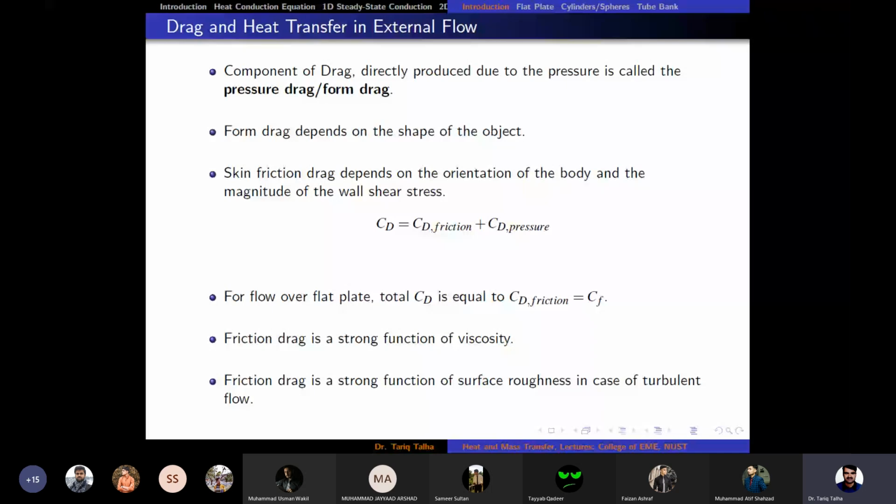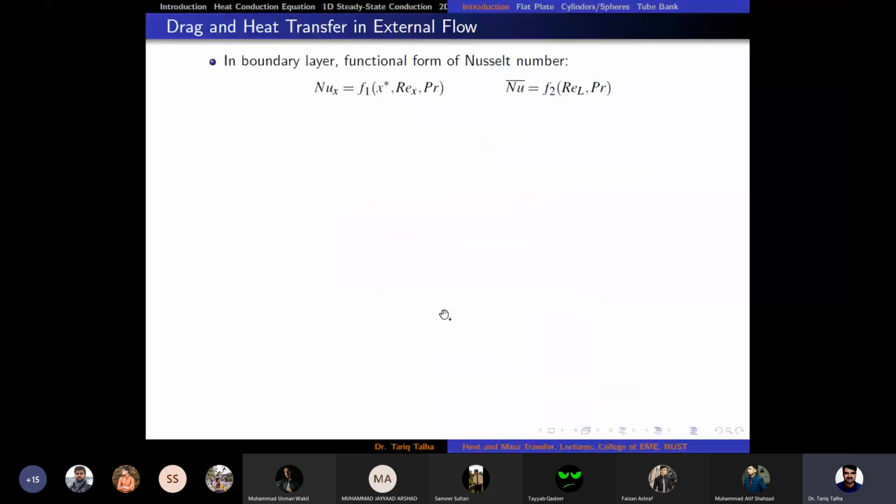Now we turn our attention to the calculation of drag and heat transfer in external flow. In chapter number 6, as I recapped at the start of today's lecture, the local Nusselt number depends upon the x location, so it depends on x star, Reynolds number, and Prandtl number.